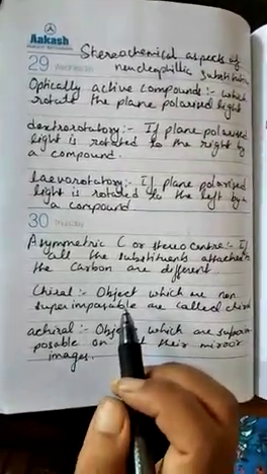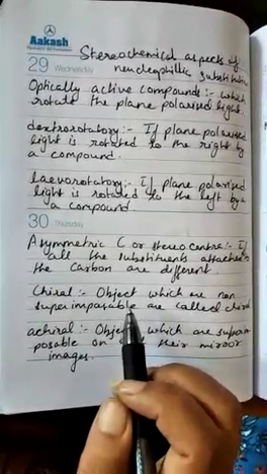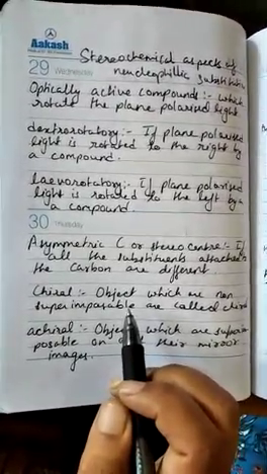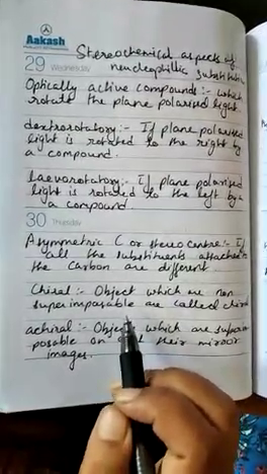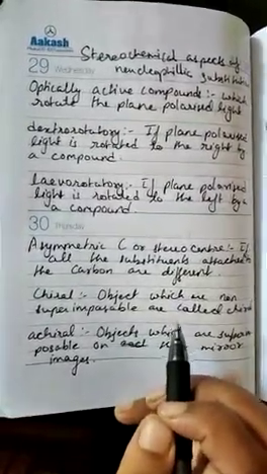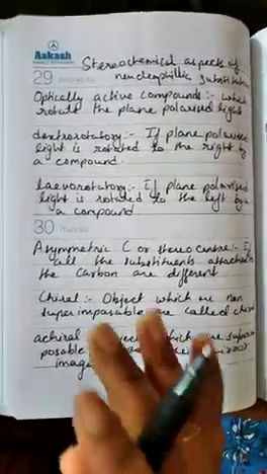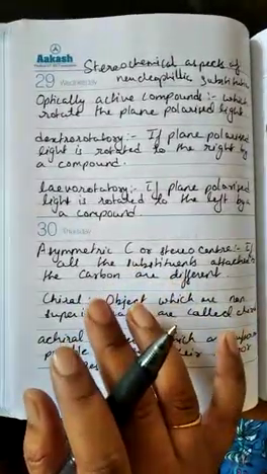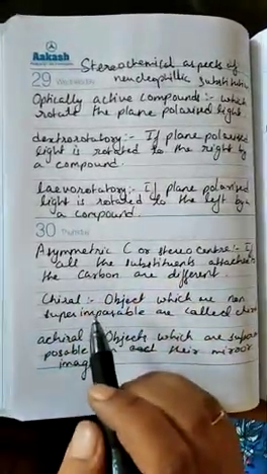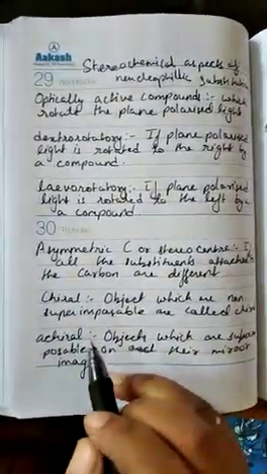Next, what are chiral objects and what are achiral objects? Students, the objects whose mirror images are not superimposable on each other are known as chiral compounds. For example, both of our hands. We cannot superimpose the mirror image of our hand on our hand.